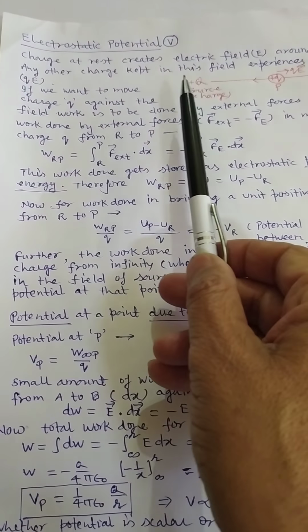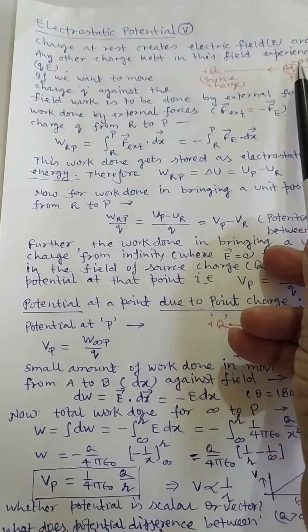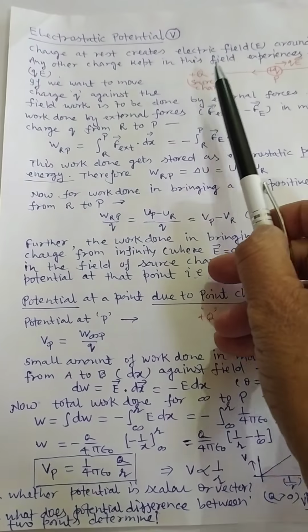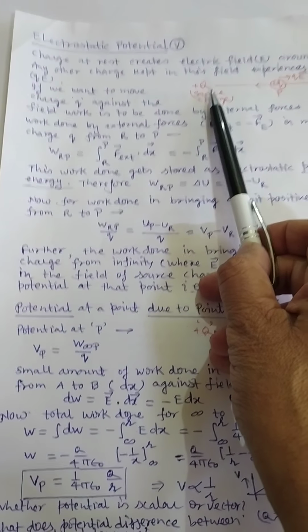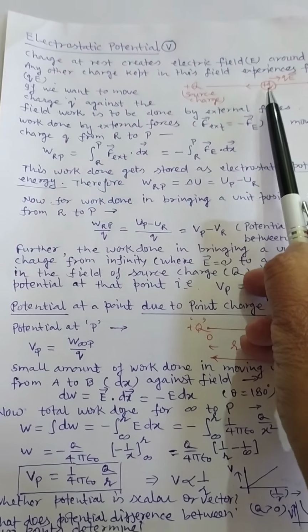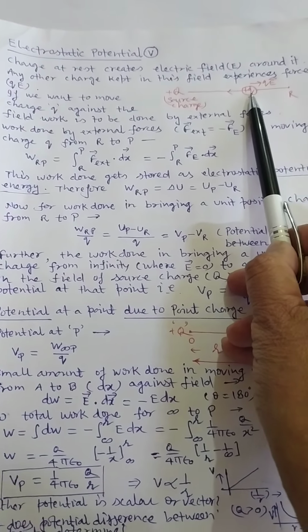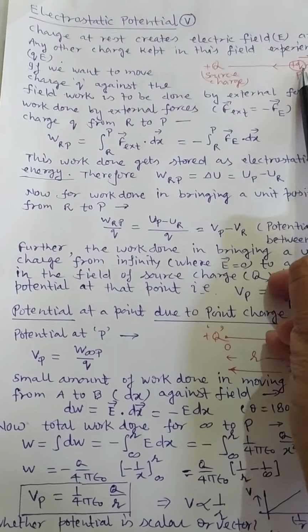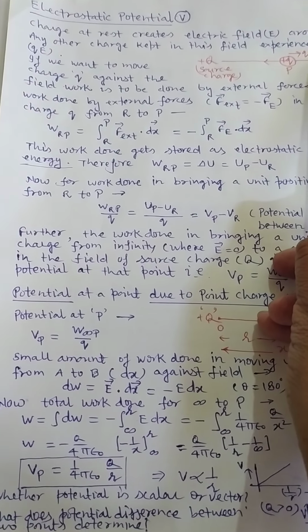And in this case, we want to bring this charge opposite to the electrostatic field due to the source charge. This charge is positive, also taken by convention as positive, so it will move away, that is, in the direction of the electric field.